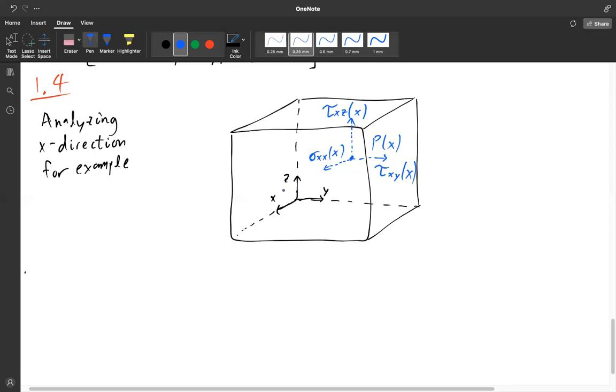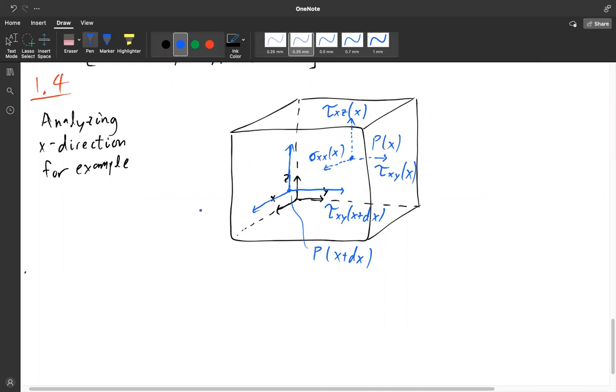Alternatively, for the point at x plus dx, say that this is P, the pressure at x plus dx. This is tau xy at x plus dx.